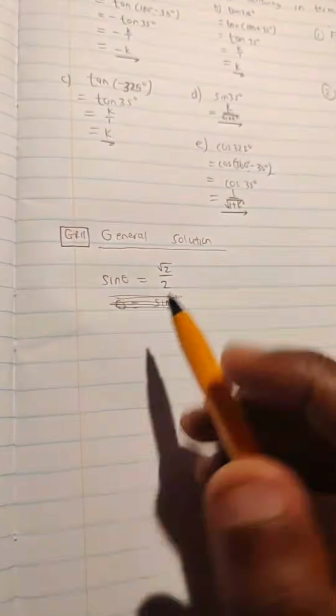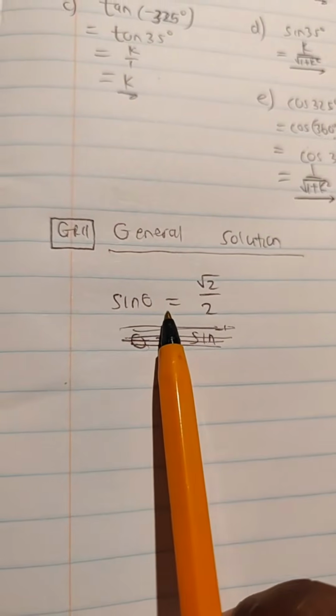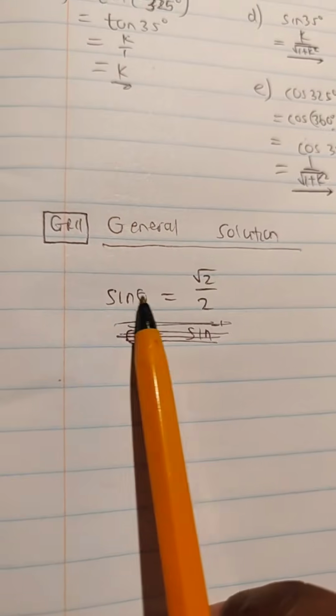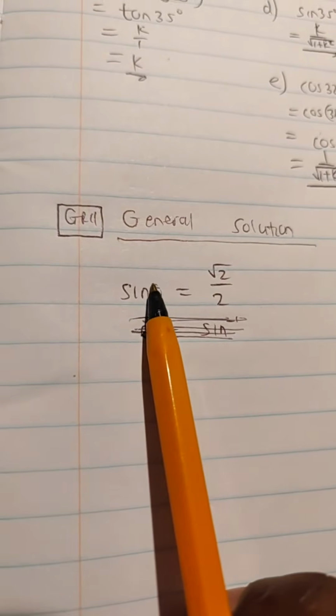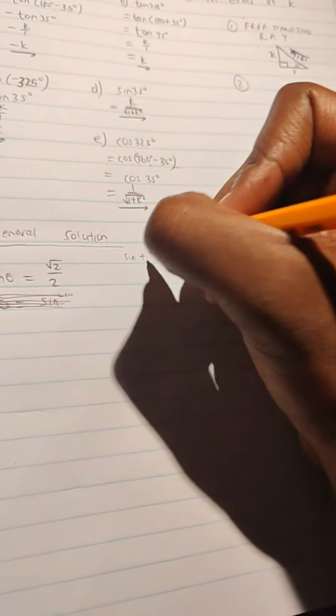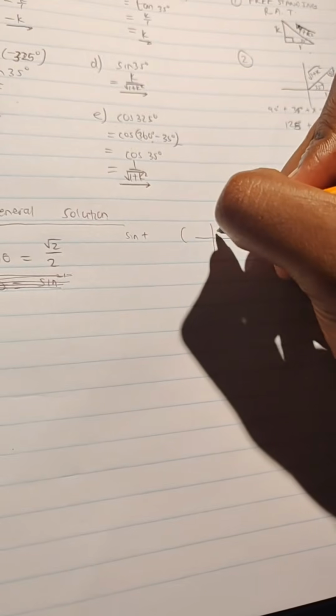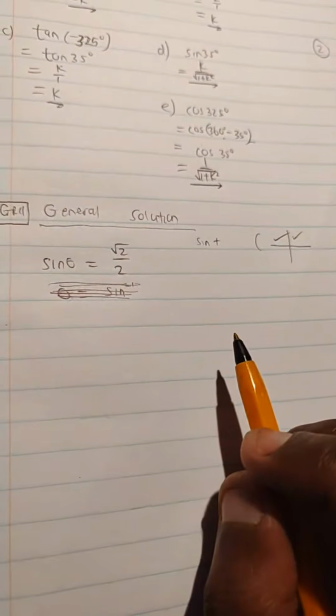So we look at the trig ratio. If the trig ratio is isolated already and it's positive, then we ask ourselves, sine is positive in which quadrant? Sine is positive in the first and second quadrant.